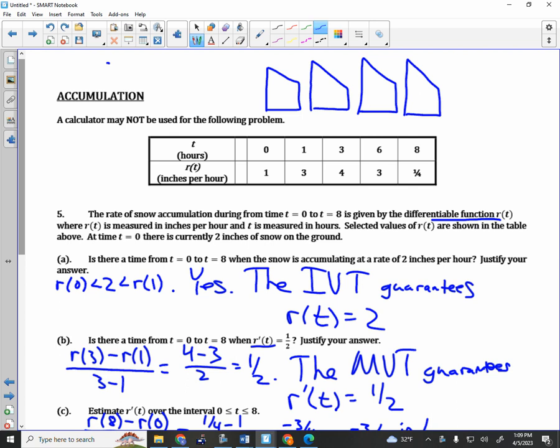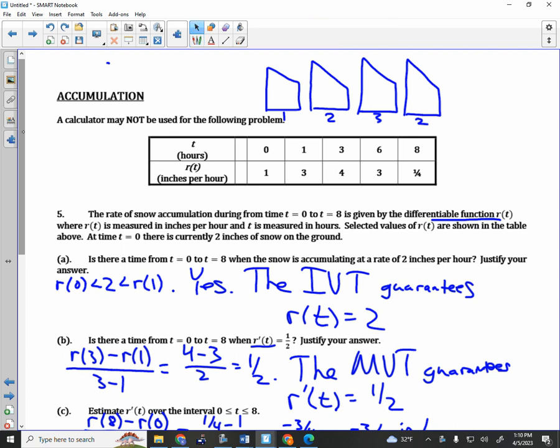The bottom is the width. So what's the width of this one? 1. What's the width of this one? 2, 3, 2. The sides of the trapezoids are the heights. It doesn't matter. You can put 1 here, 3 there. We've just drawn a figure to help us out.